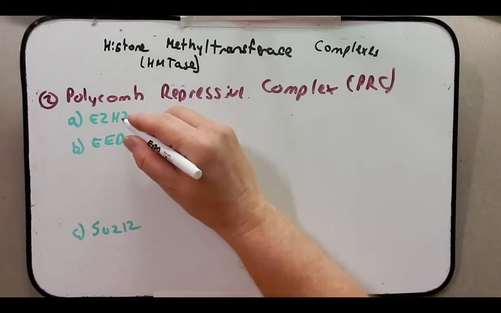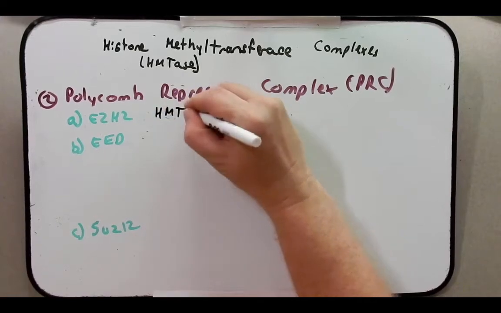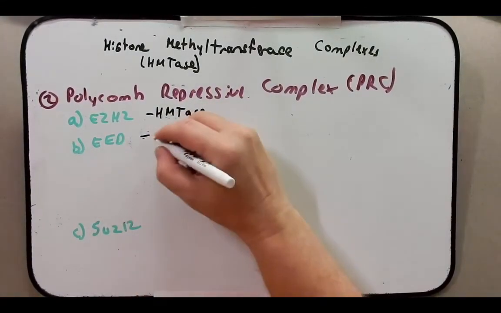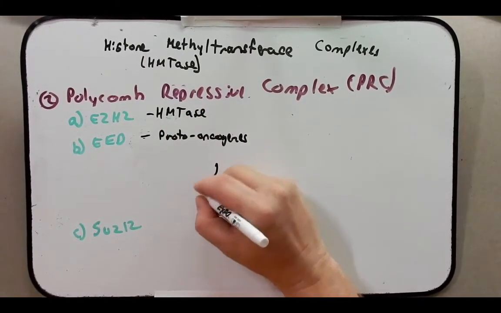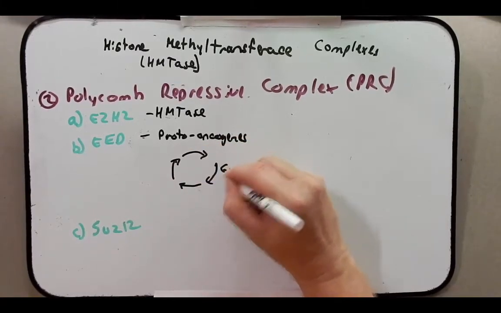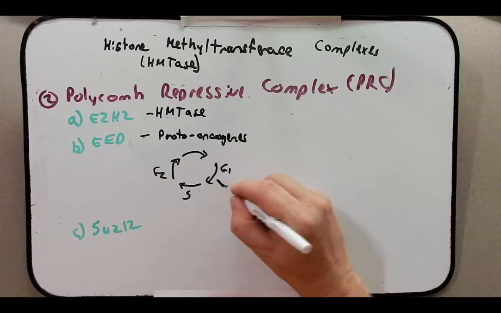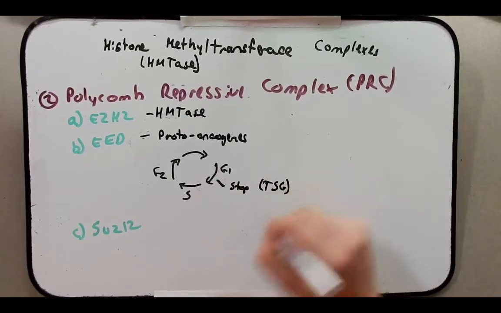So I'm going to talk about EZH2 and EED together because they have lots of similarities. They both are histone methyltransferases. EZH2 and EED are proto-oncogenes. What they will normally do is, if we draw our cell cycle here, with G1, S, and G2, and remember at this point here we have a stop that's controlled by a tumor suppressor gene.